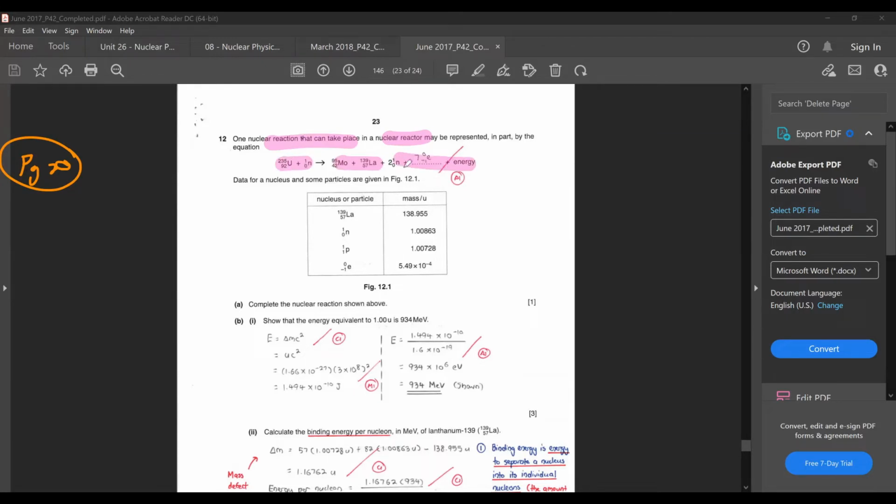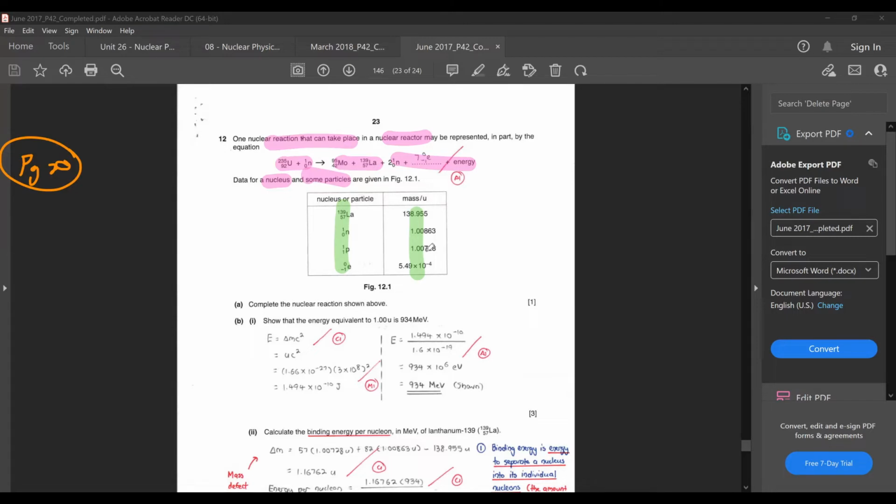All right. Then they tell you data for nucleus and some of the particles are given here. All right. And they're all given in terms of U. And you notice they're all given in a large number of SF. They don't give you in just 2 or 3 SF. They give you all the way up to 6 SF.